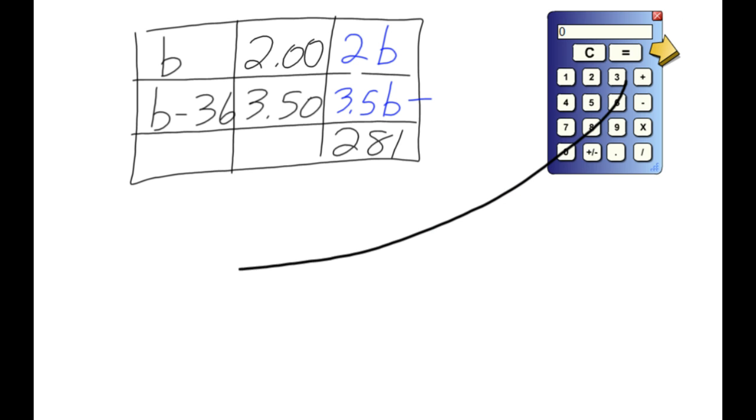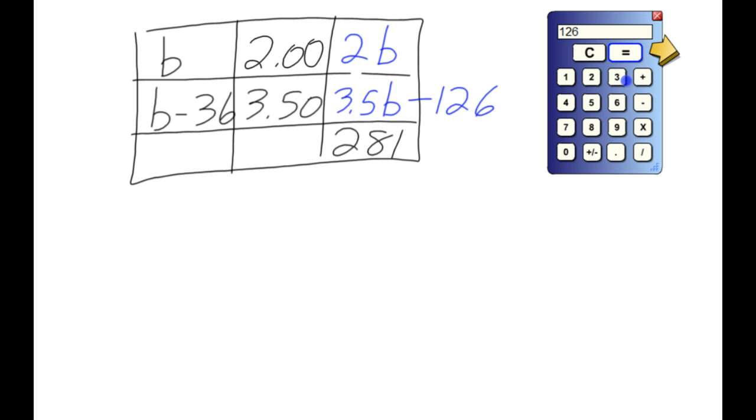All right, so we're going to have to go 3.50 times the 36, and that equals 126. So that is going to be 3.5B minus 126.